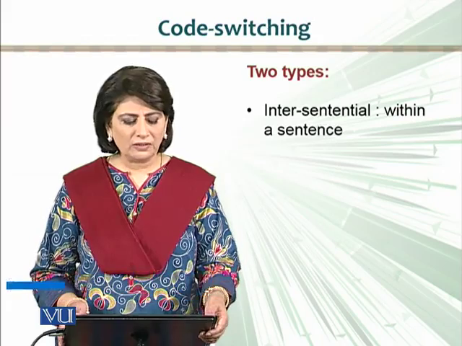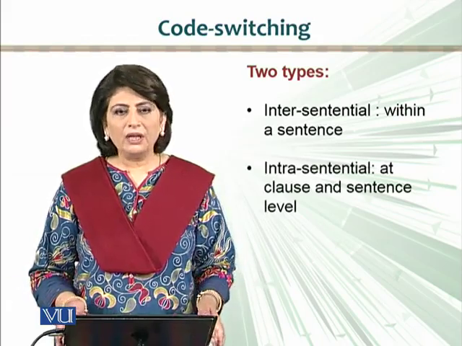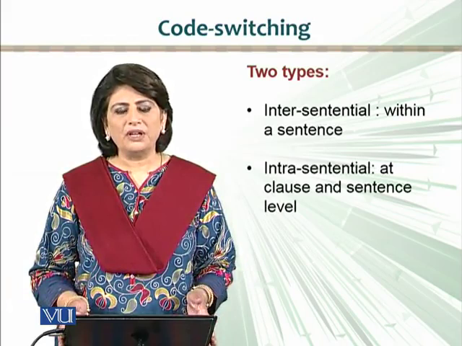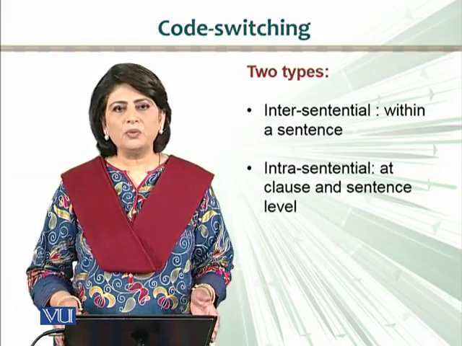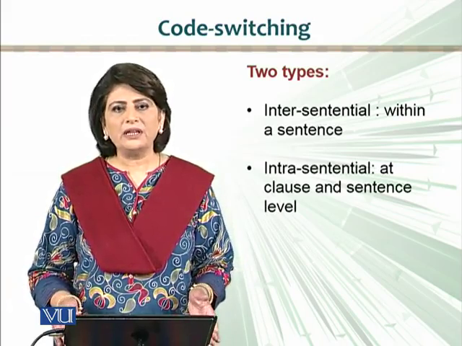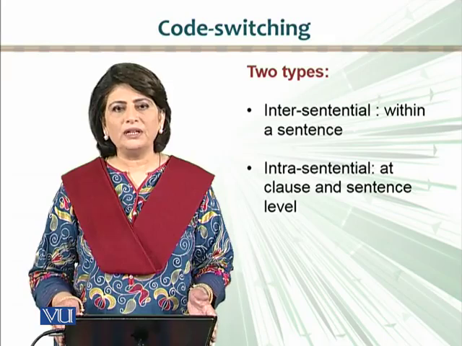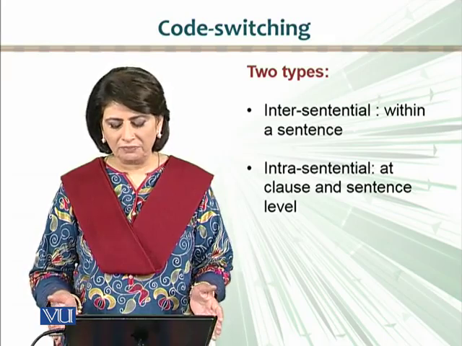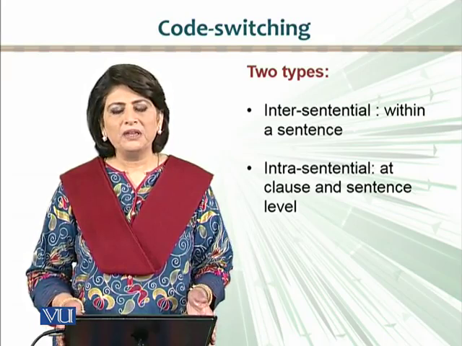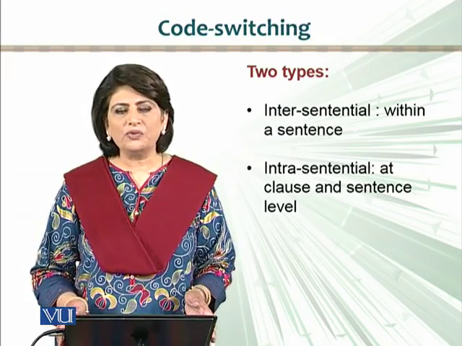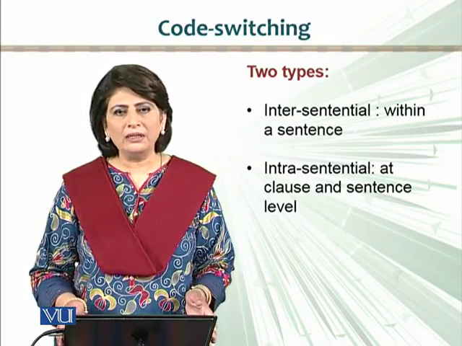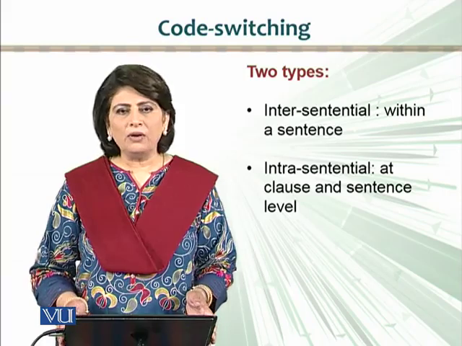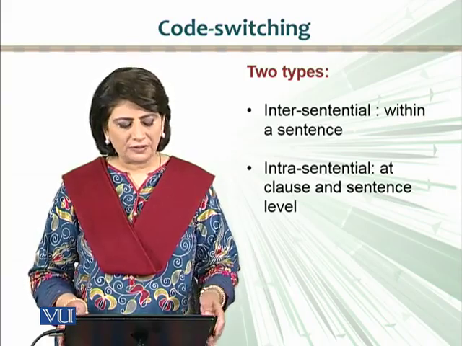So this is code switching. Another type of code switching occurs between sentences, at the intersentential level, as we might say. Now this code switching can occur at clause level or between sentences.